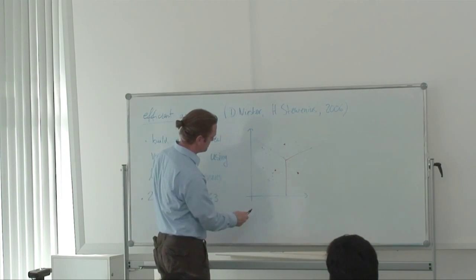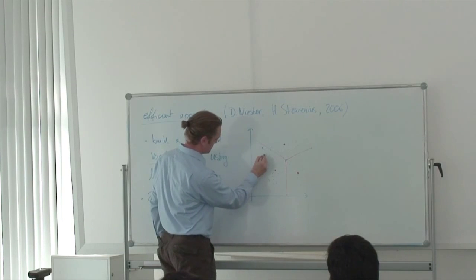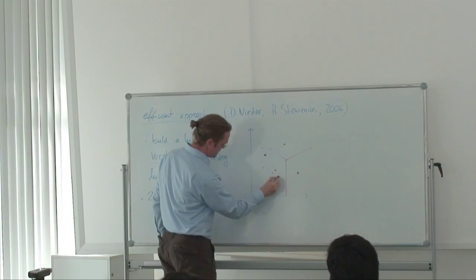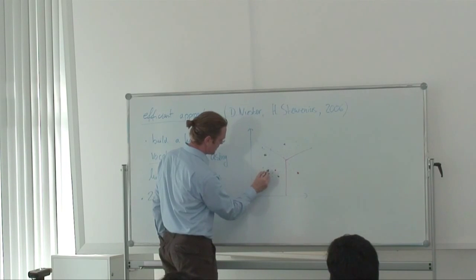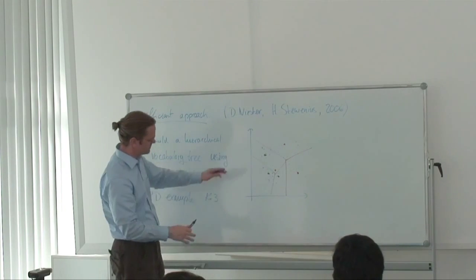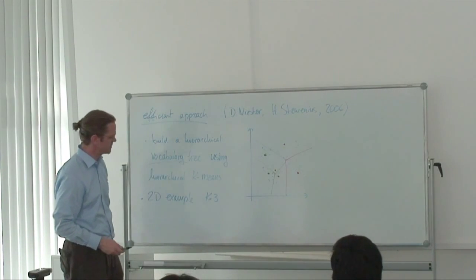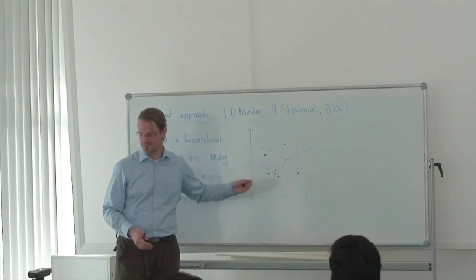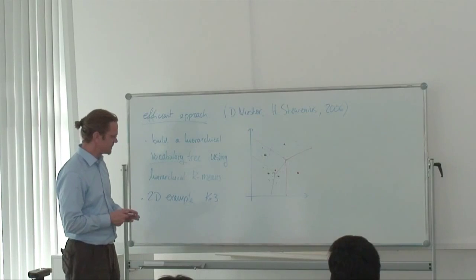So let us partition this into 3 subsets. There might be a cluster center here, then maybe here and here, so that would give us something like that. This is of course not the correct Voronoi tessellation, please. But what can I do?